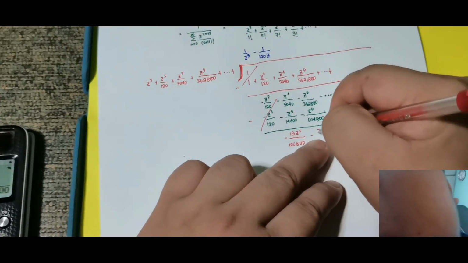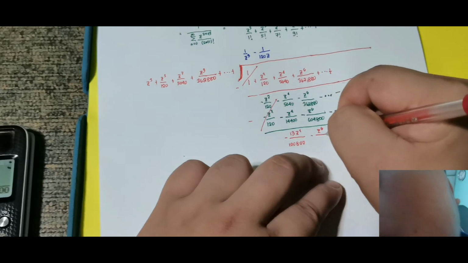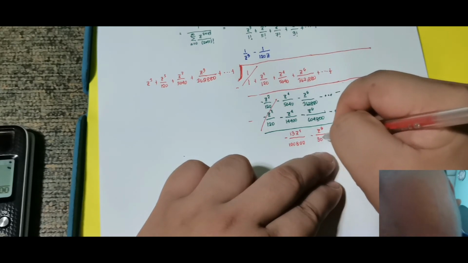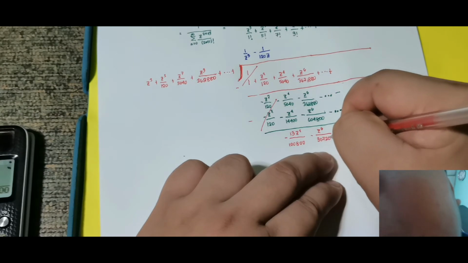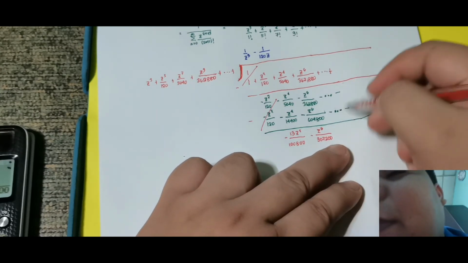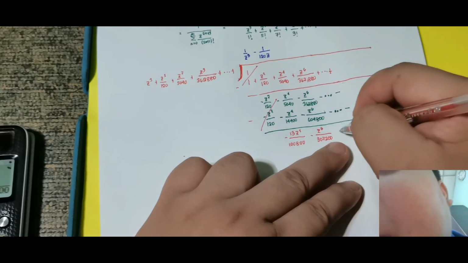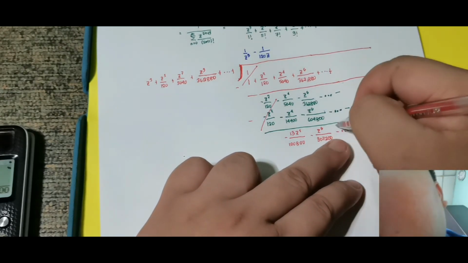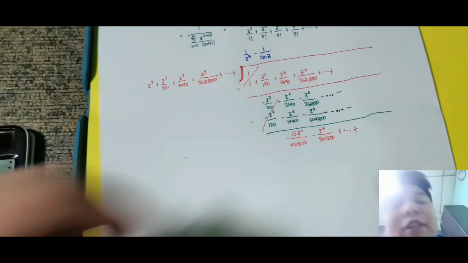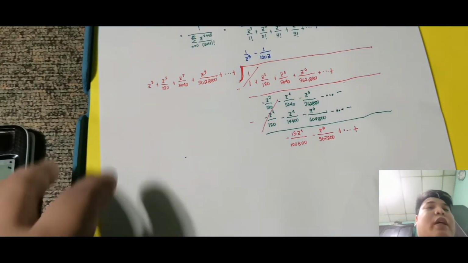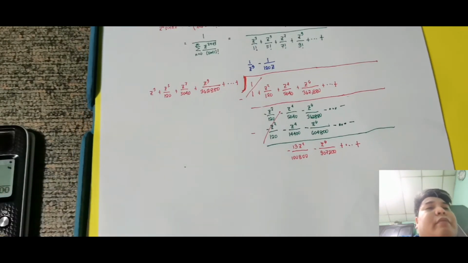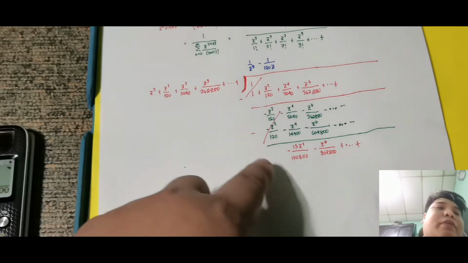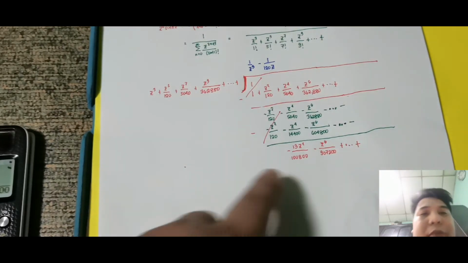So negative z to the 6 over 907,200. Then so I think minus pa rin kasi mas malaki lagi ito. Then multiply minus. Or para mas secure plus na lang, kasi mawawala din naman yun. Okay, next is negative 13 z to the fourth. So until dito mag-multiply kasi mayroon pang term eh.